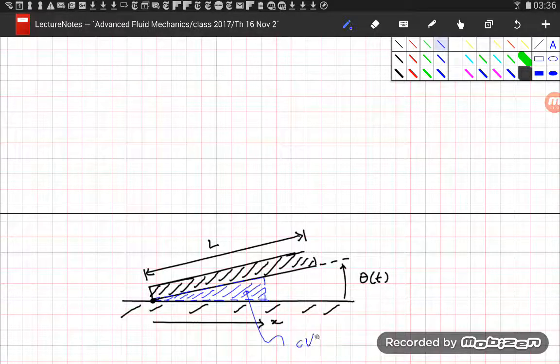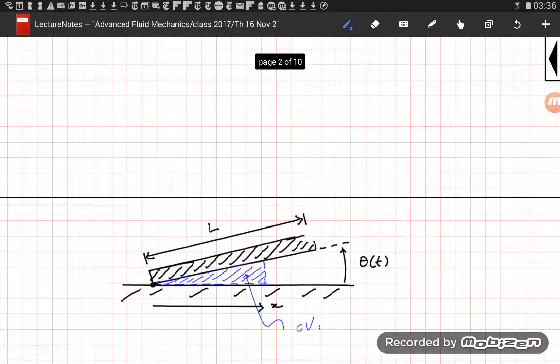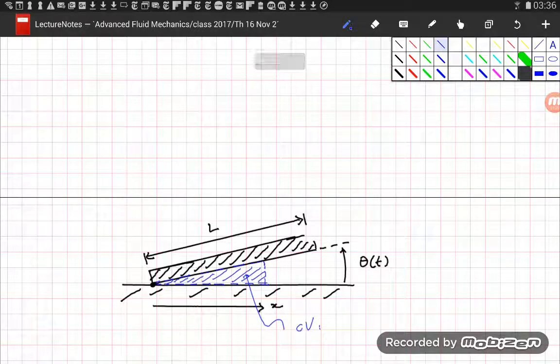What is important in this control volume is that the boundary of my control volume does not change. So this control volume here is independent of time. That's your first choice.